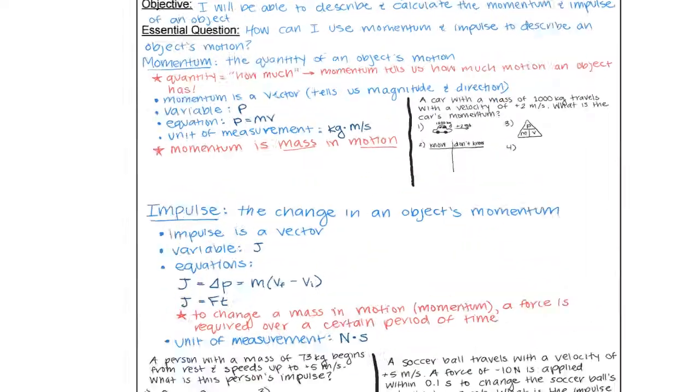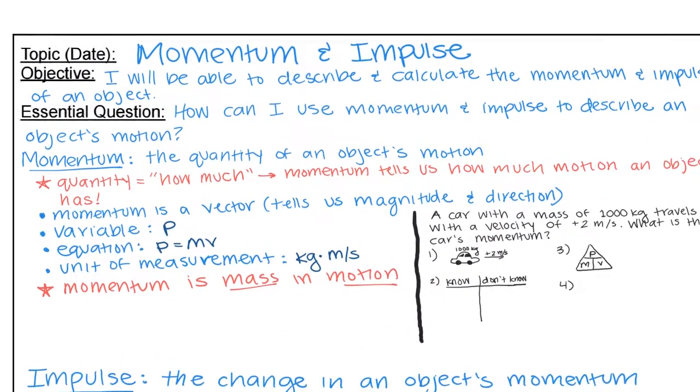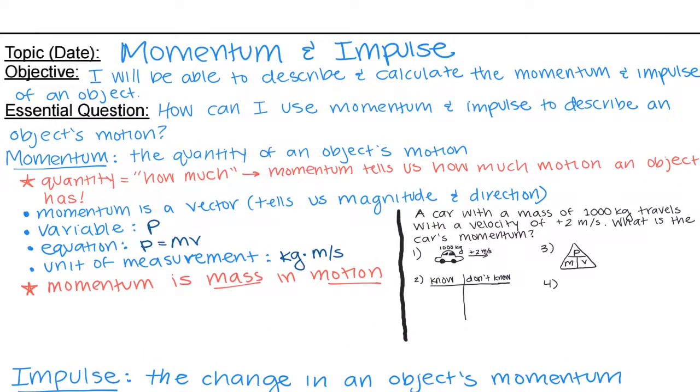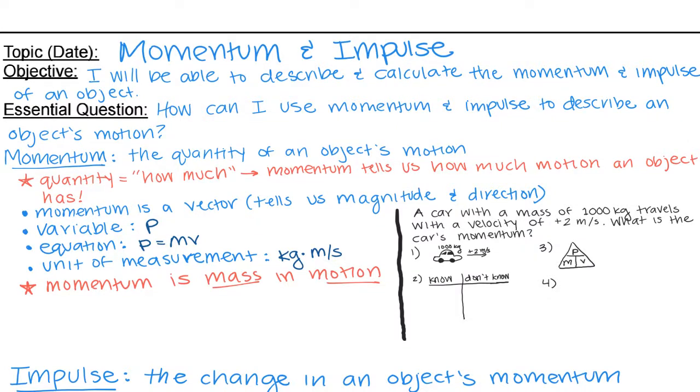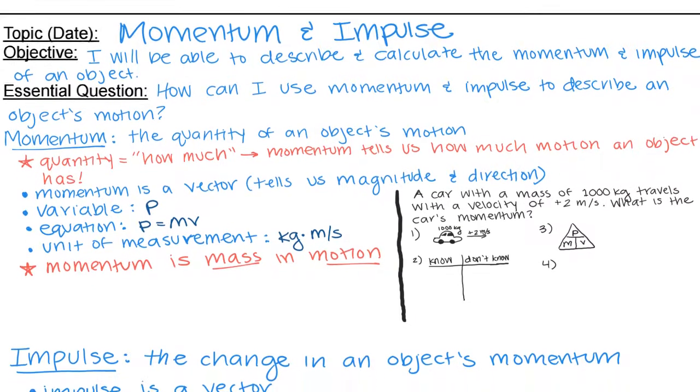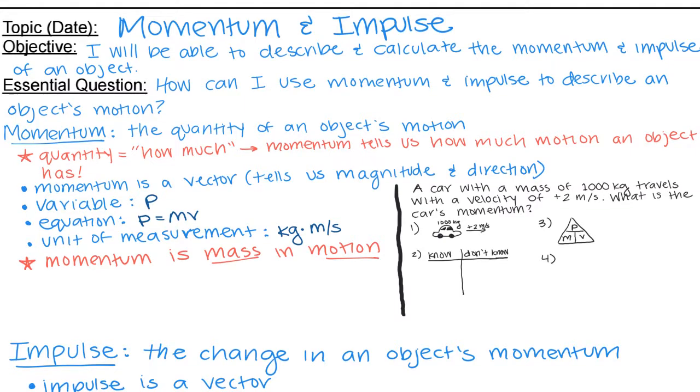Okay, so our topic for today, as I just said, is on momentum and impulse. The objective is to be able to describe and calculate the momentum and impulse of an object. So your essential question that aligns with that objective is, how can I use momentum and impulse to describe an object's motion?